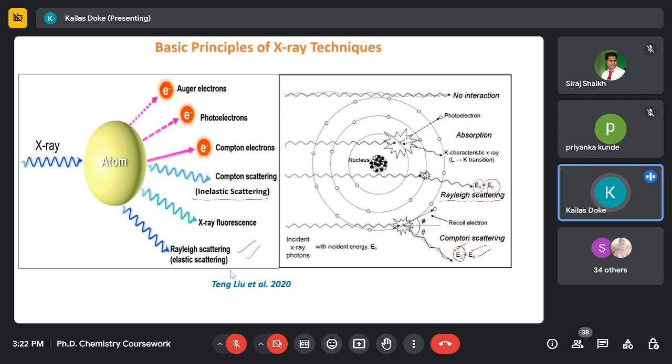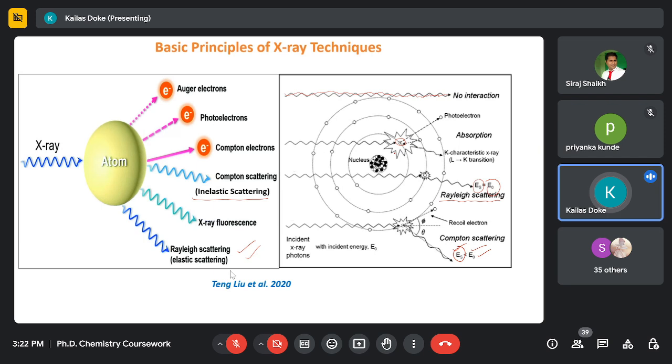Next, when X radiation is incident and collides with the core shell electrons, and the energy of the X radiation, copper K alpha or aluminum K alpha, is sufficient to eject the electron from the core shell, such an electron is called a photoelectron. Again, the system becomes unstable.